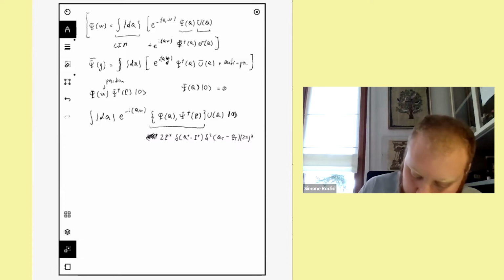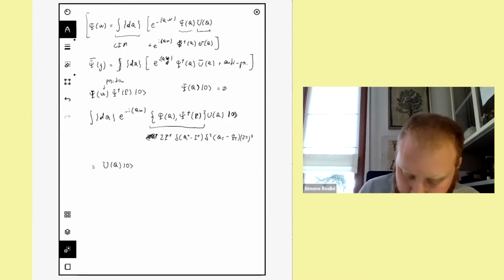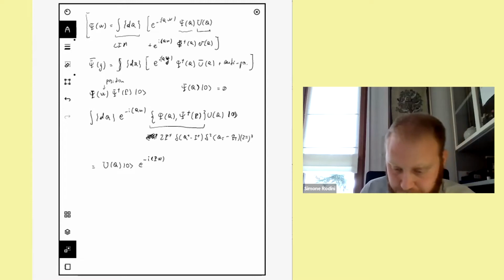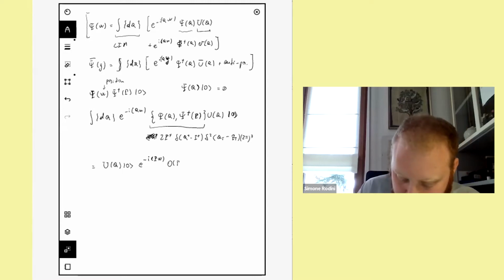This just gives you u of q acting on the vacuum state, and then you end up with the minus e to the i p w, with a theta of p plus, but forget about it for now.